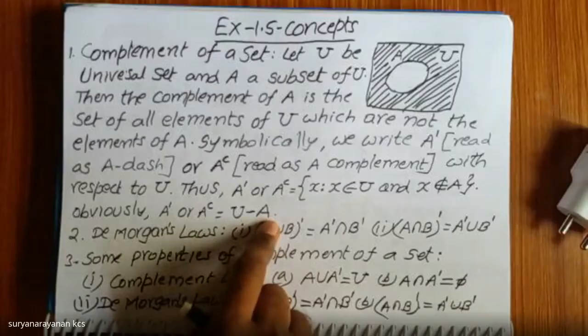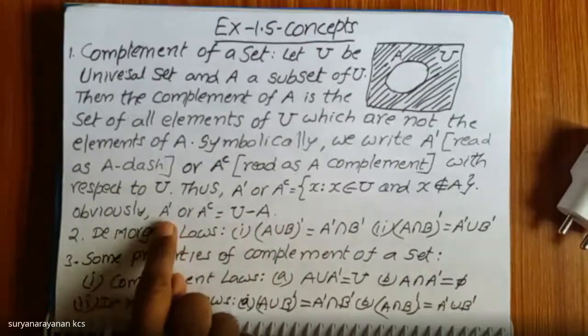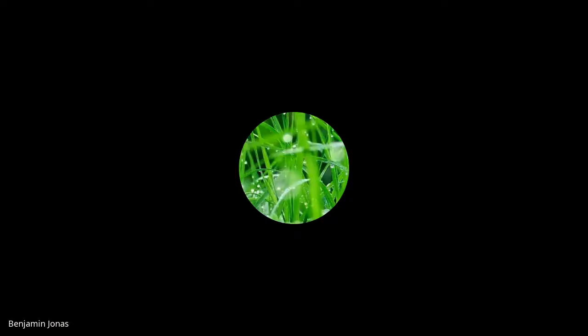Sir, A dash or A complement is equal to universal set minus set A. And finally Benjamin. Sir, A dash or A complement equal to universal set minus A.